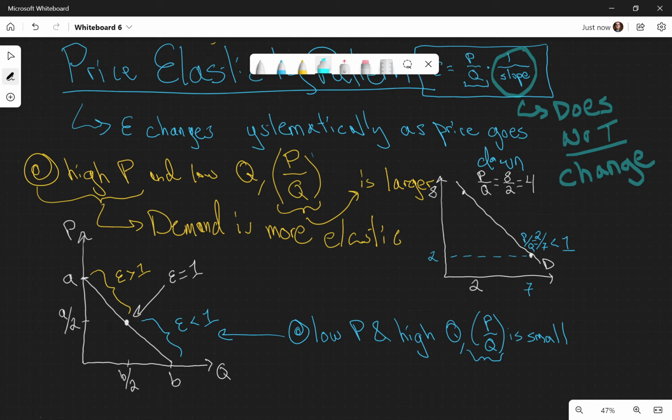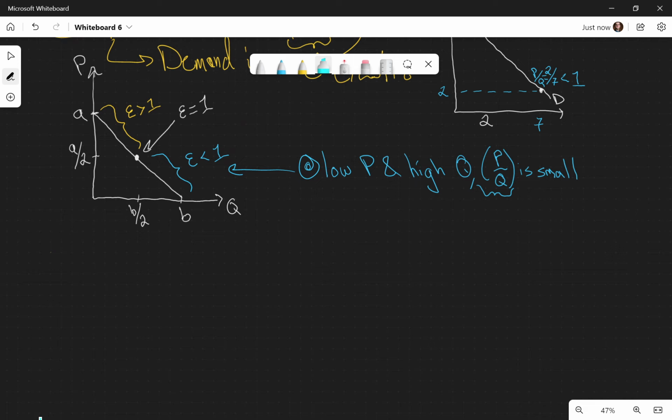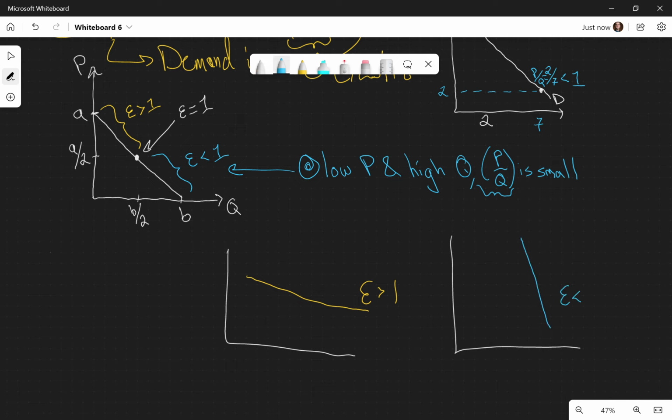So again, a lot of the time we're going to be given curves where something that is elastic would be very flat, and we would say that for the whole range we're provided, it is elastic. For other situations, we may be given something very inelastic, and we can say that for the whole of that range, the elasticity is less than 1.